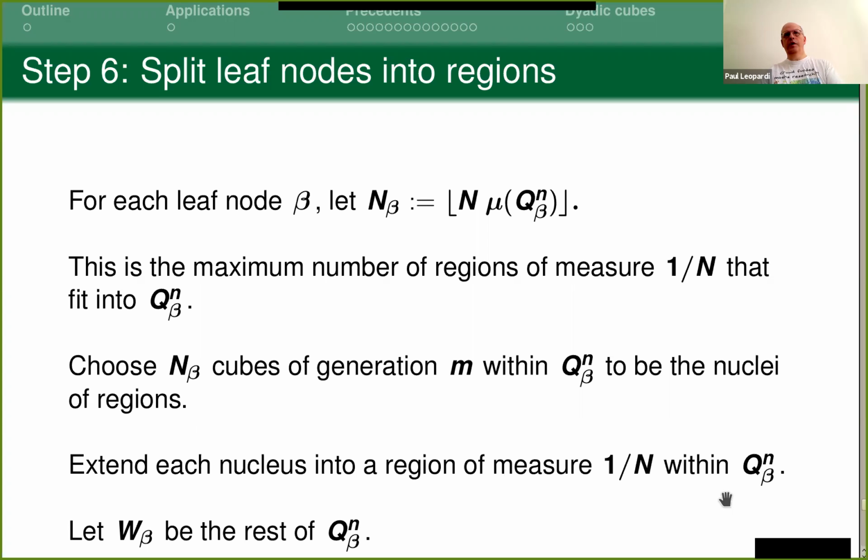So we wound up with a situation where, here in the leaf nodes, we have N beta cubes of generation M within our dyadic cube to be the nuclei of regions.